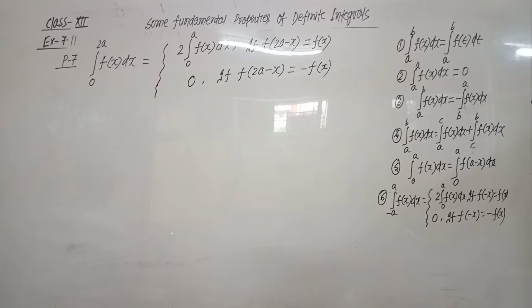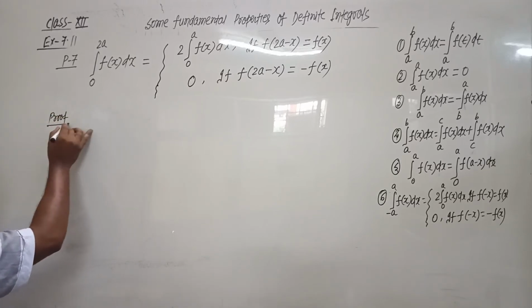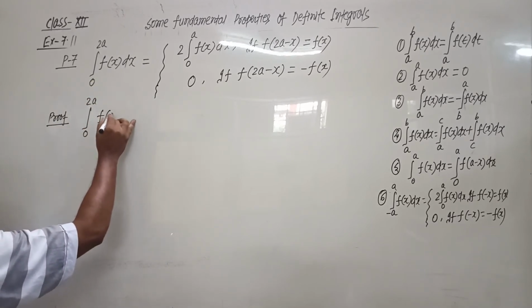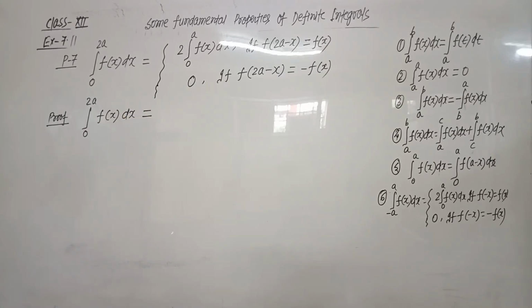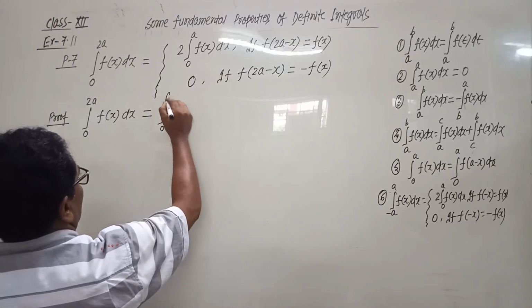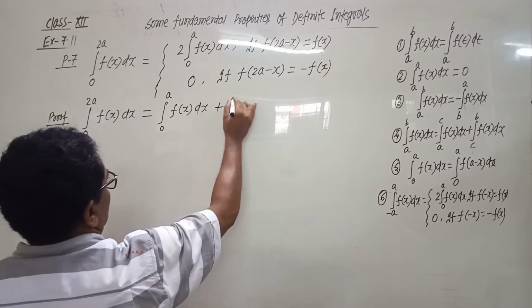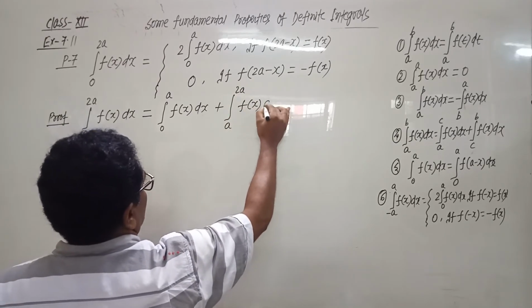And let us see the proof of this property. Integration 0 to 2a of f(x) dx can be decomposed into two integrals, from 0 to a of f(x) dx plus integral a to 2a of f(x) dx.